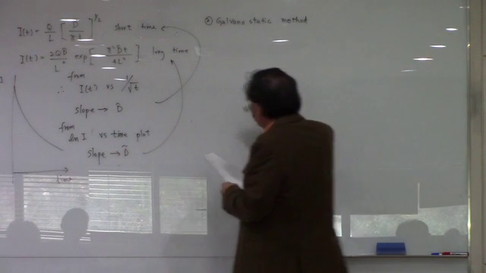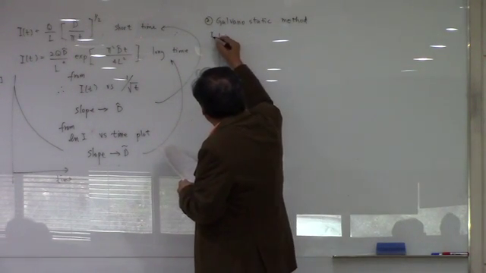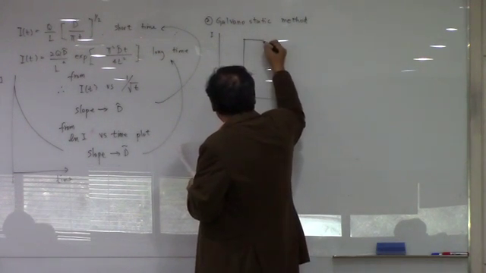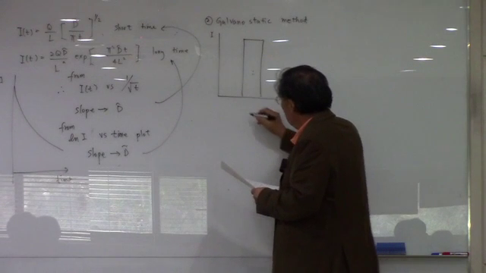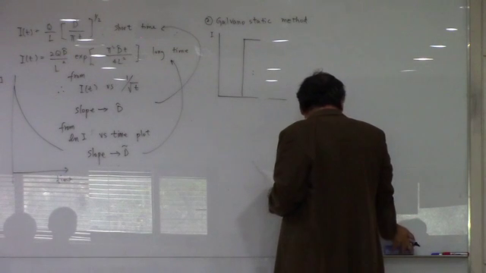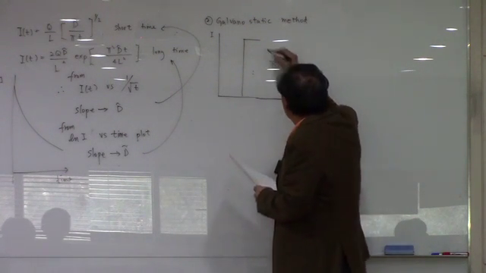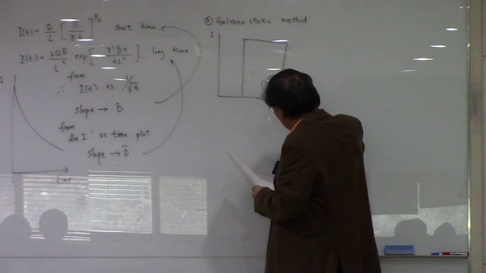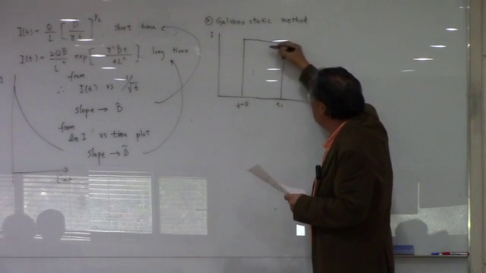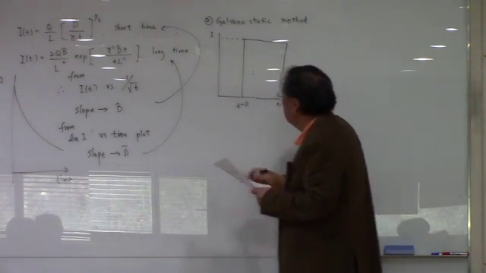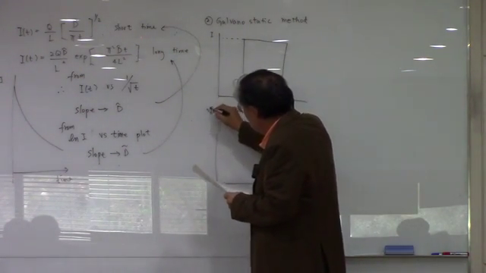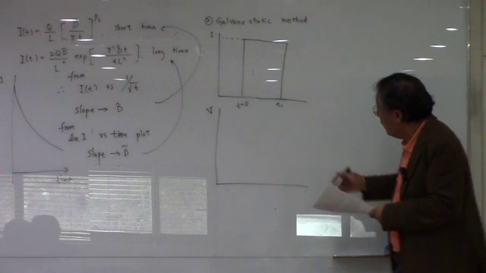In a galvanostatic method, you have a current here, and then for a certain period of time, t equal to 0 to t1, you set some current, you pass the current between the two electrodes, and you monitor the voltage change with respect to the time.